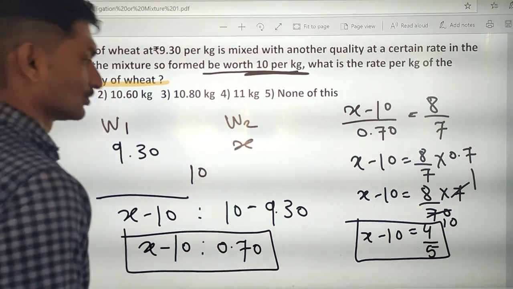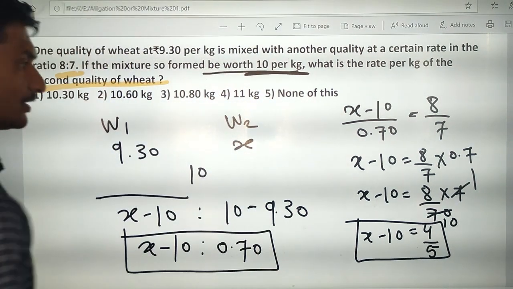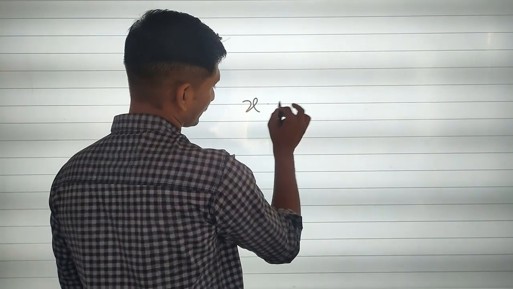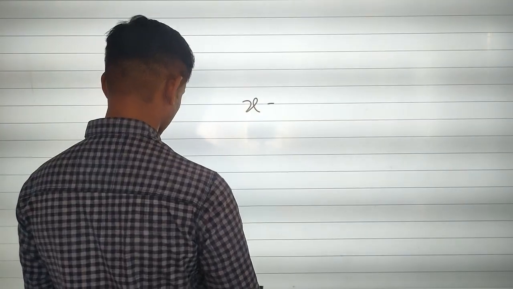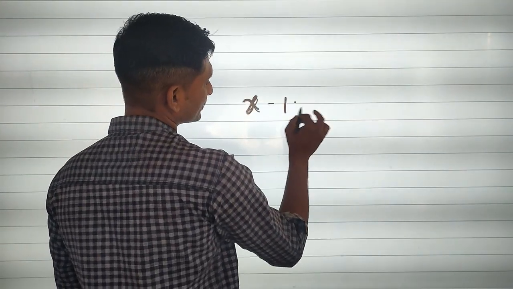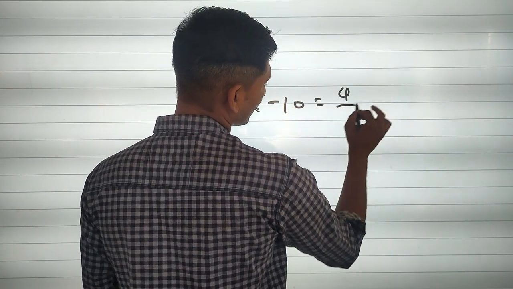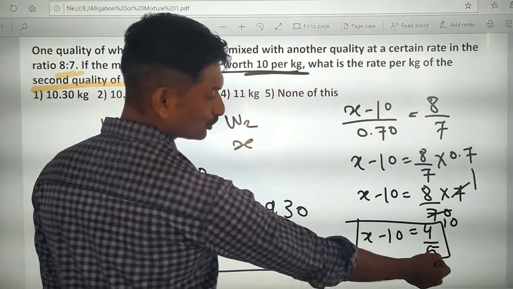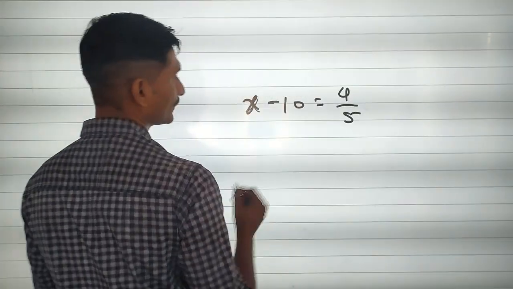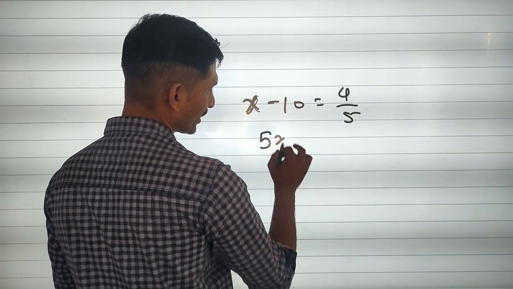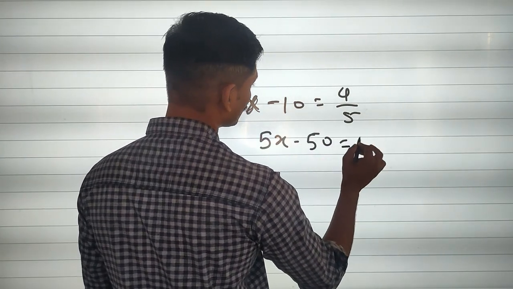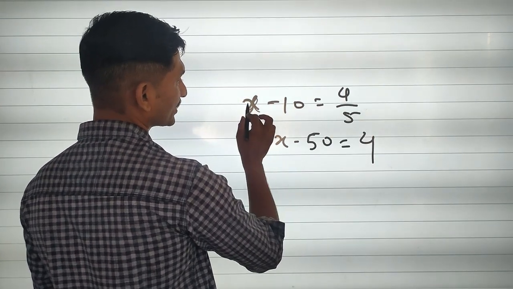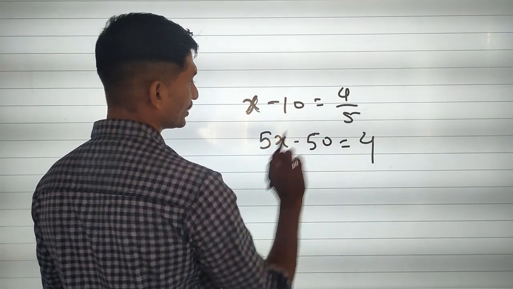Now x minus 10 is equal to 4 by 5. Here cross multiply: 5x minus 50 is equal to 4.